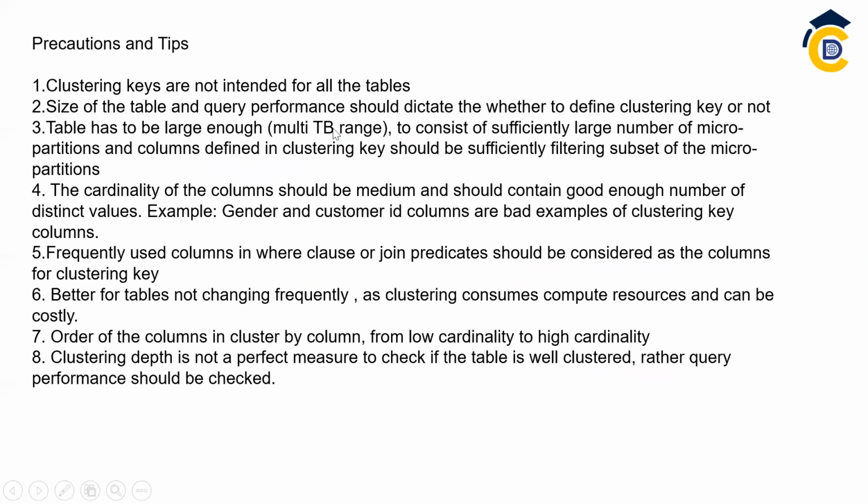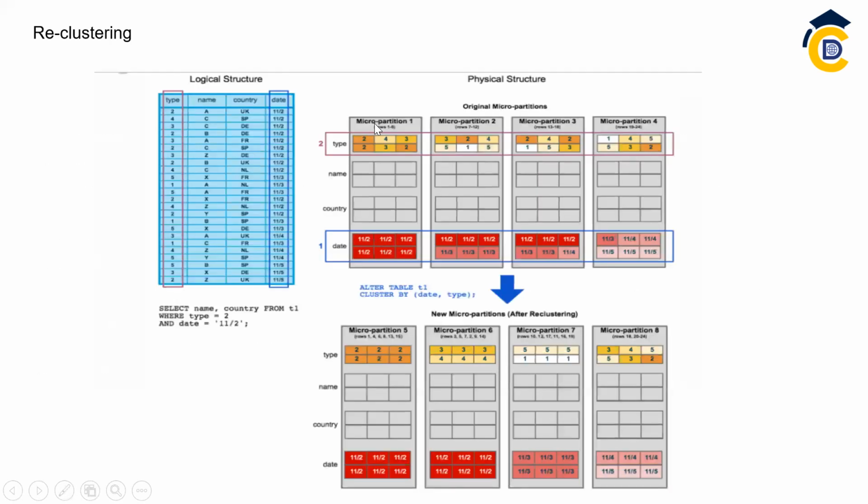The table has to be large enough, in the multi-TB range, to consist of a sufficiently large number of micro partitions, and the columns defined in the clustering key should sufficiently filter a subset of the micro partitions. So only in the range of TB will you consider creating a clustering key. Otherwise, you will leave it to Snowflake. For 10 rows, you will not do this. Got it.